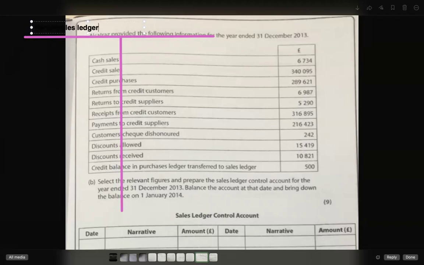Receivables ledger control account. Now, what are the items we are going to write at first? Balance BD. How much is the balance BD?